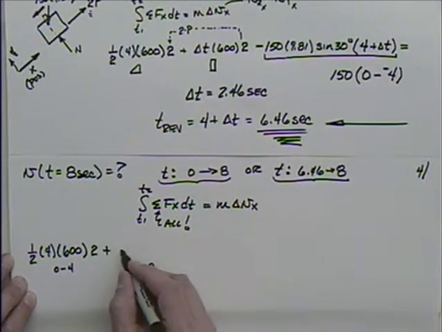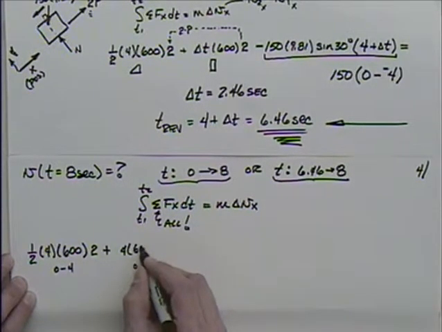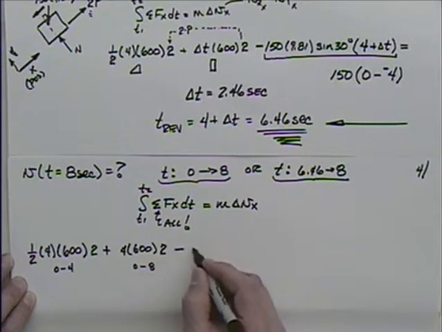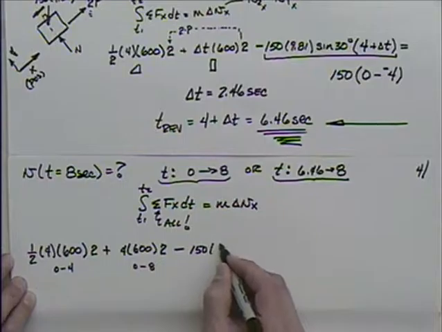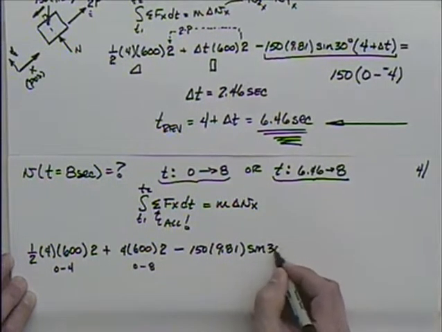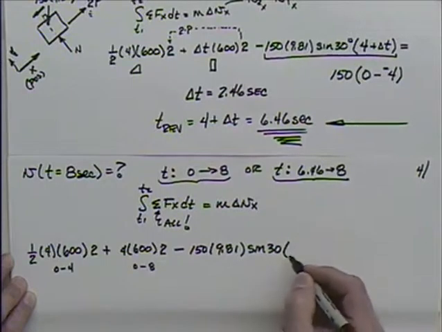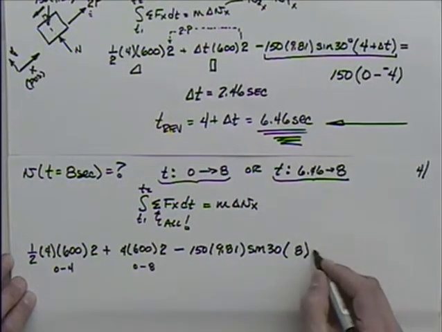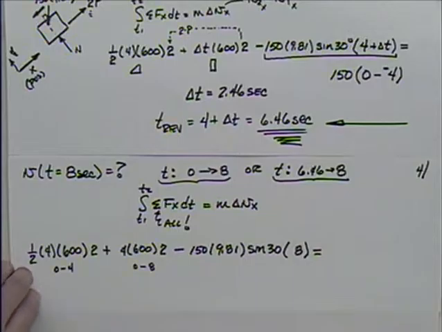So I will have 4 times 600 times 2. And then I'm going to subtract off 150 times 9.81 times the sine of 30. And what do I have to do here? This is going to be 8, isn't it? 4 plus 4, that would be 8. Wouldn't what be where?